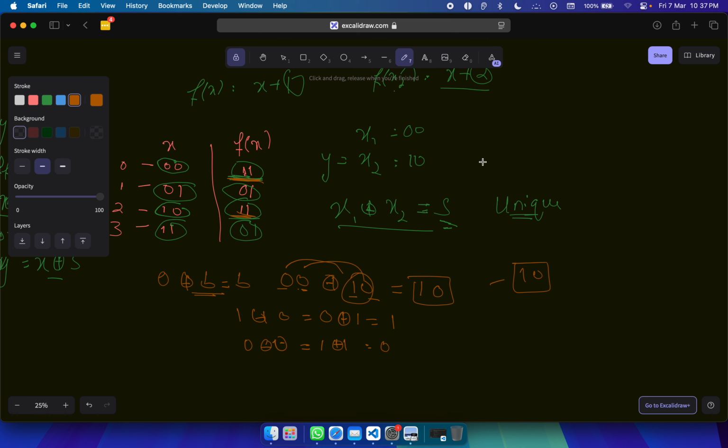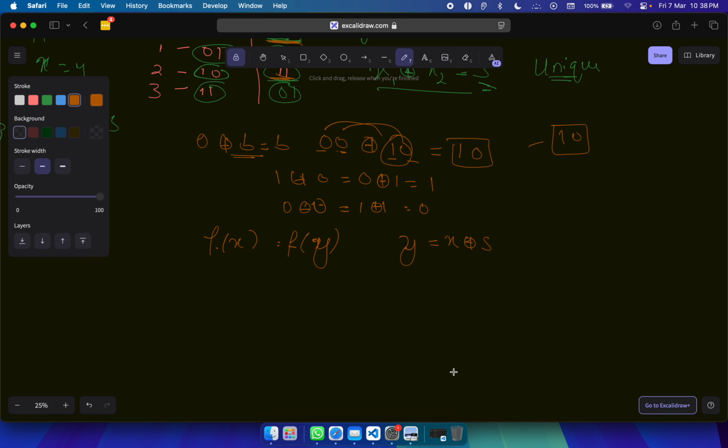Now let's first confirm that we are indeed getting f of x equals f of y, where y is basically x XOR the secret string s.